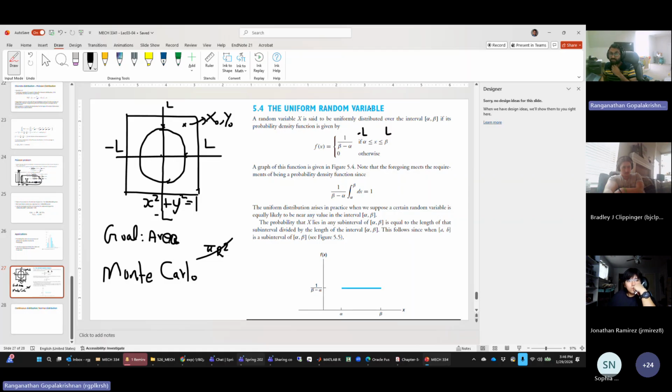Once you have this point, how will you check whether it is within or outside a circle or an ellipse or hyperbola or whatever shape? How will you check it?